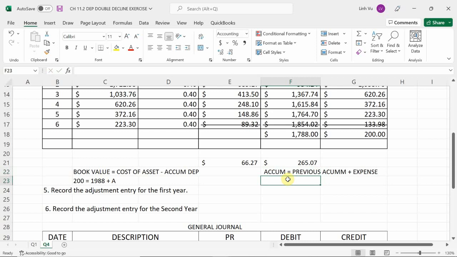We know what my accumulated depreciation is. I just solved for it. It's 1788. And if that is equal to the previous year's accumulated depreciation plus expense, what was my previous year's accumulated depreciation? Is it 1854? No, we crossed that out.